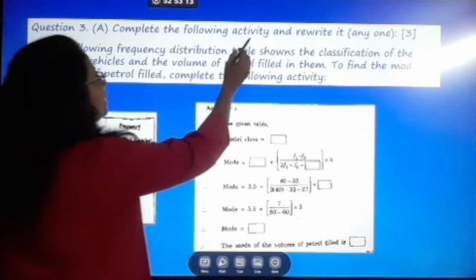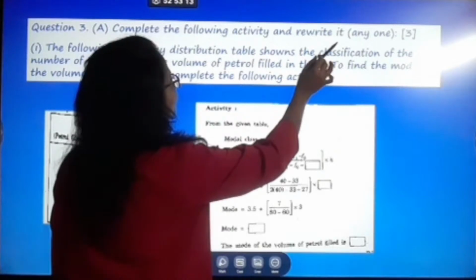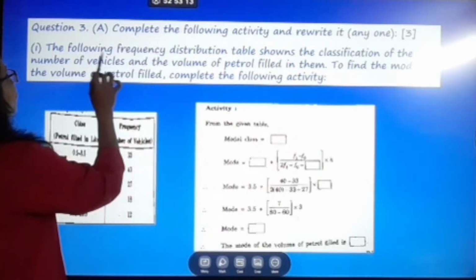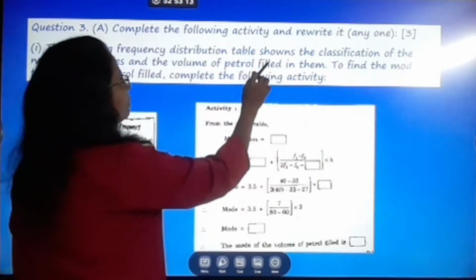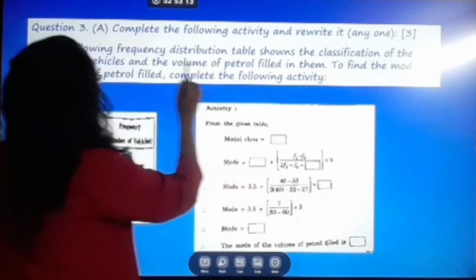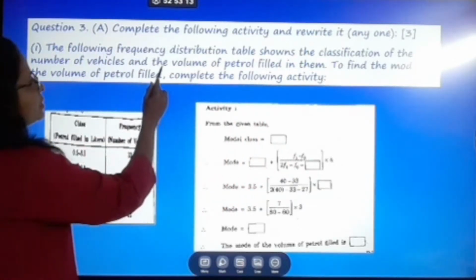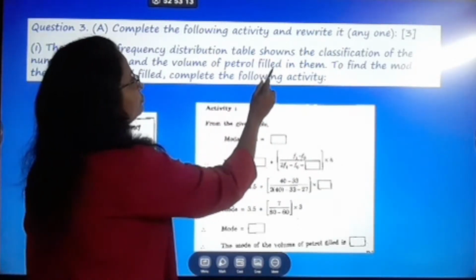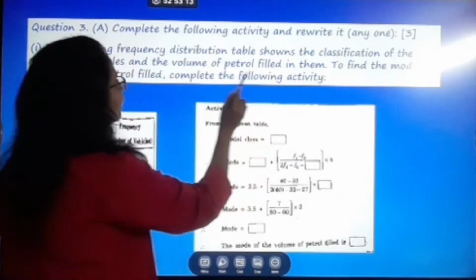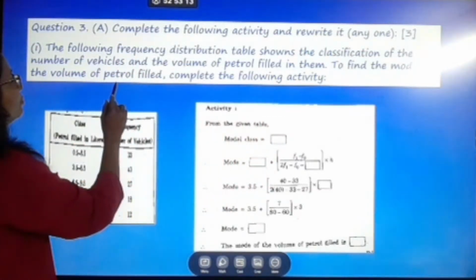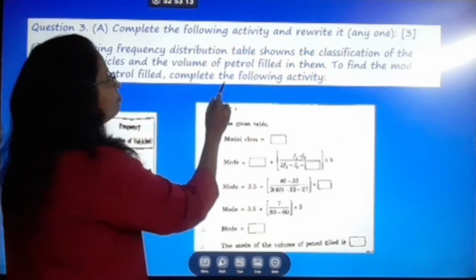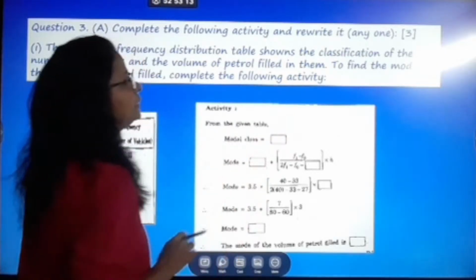Complete the following activity and rewrite it. The following frequency distribution table shows the classification of the number of vehicles and the volume of petrol filled in them. To find the mode of the volume of petrol filled, complete the following activity.